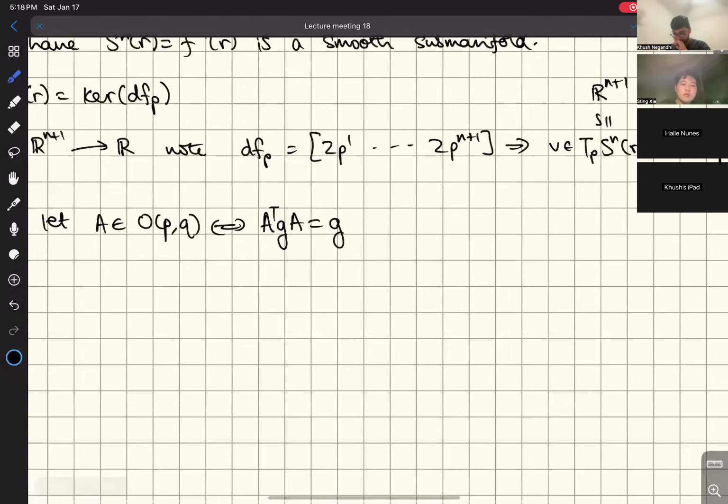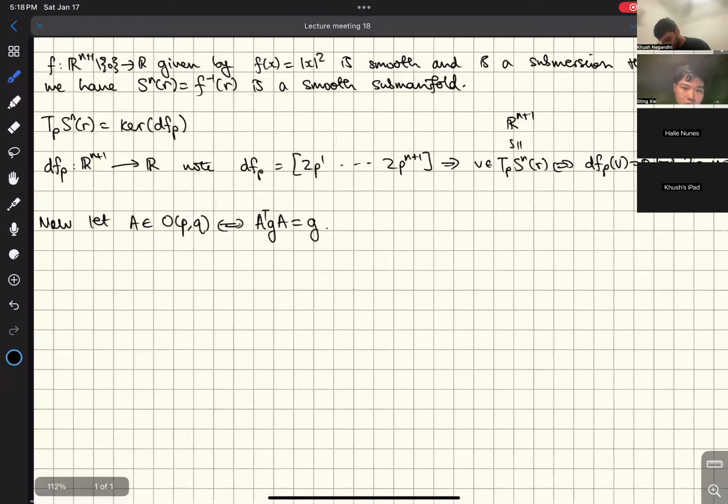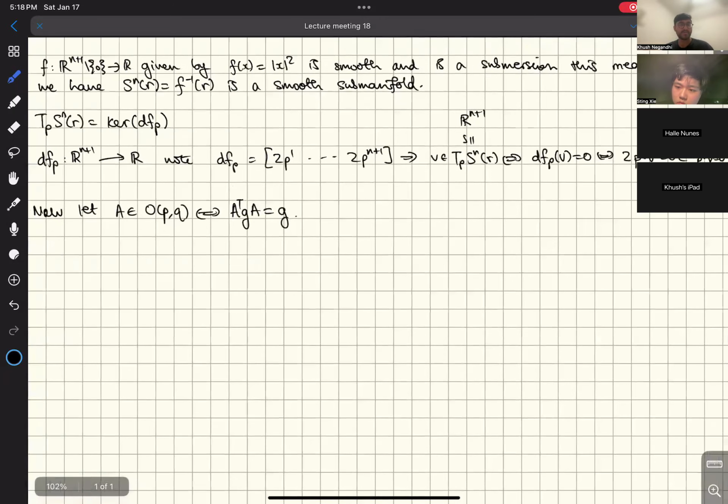Now, if you recall from the definition of a tangent space, the way we defined tangent vectors was we looked at velocity vectors through the space, and then we looked at the derivatives of these curves at the point.